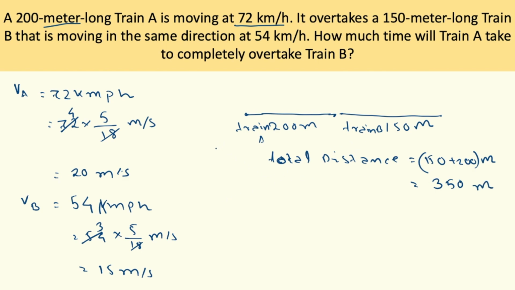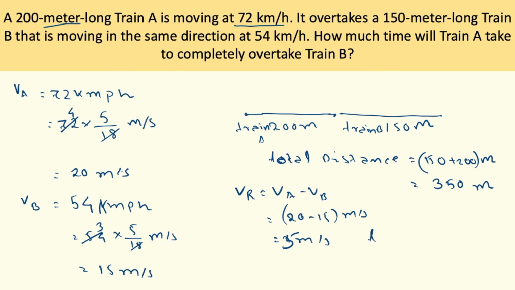Now here if you see, the train B is also moving in the same direction. That means it is not assisting the train A to catch up with it. Rather, it is opposing. Hence, the effective speed, or the relative speed, in this case would be VA minus VB, which is 20 minus 15 meters per second, which is equal to 5 meters per second.